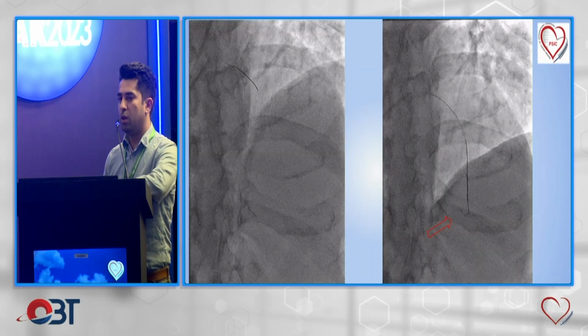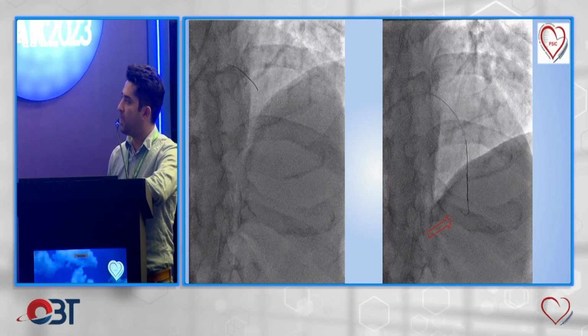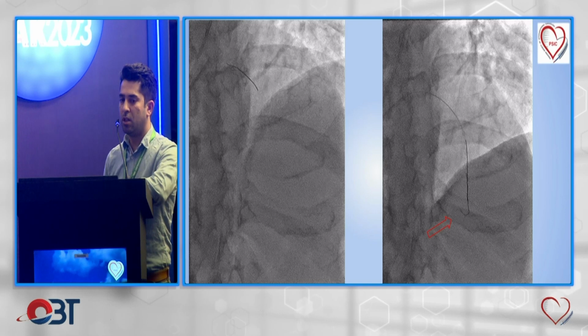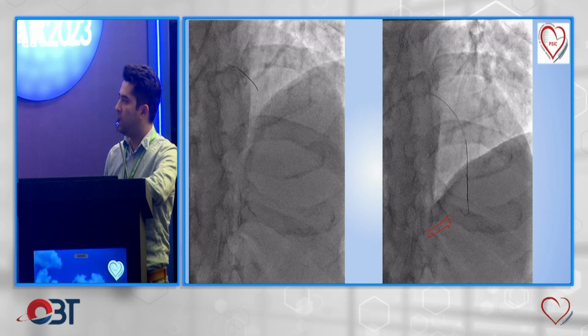Here we tried to wire the LAD. The first complication occurred when the BM wire got angulated in the septal branch. We tried maneuvers to pull it proximally or slowly distally, but it couldn't move.